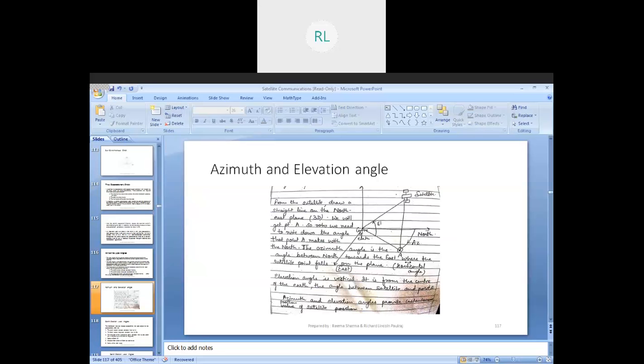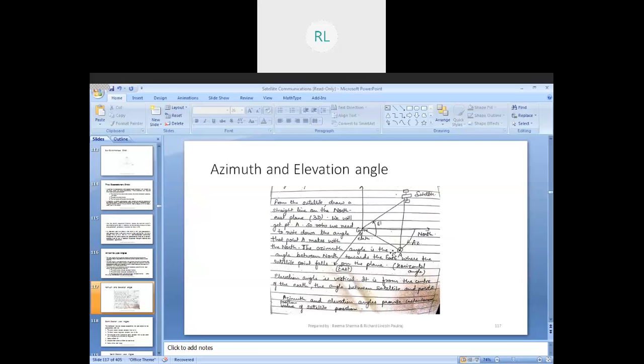The azimuth angle is the angle between the north towards the east where the satellite point falls on the plane. When the satellite point falls exactly on the northeastern plane, we should draw an imaginary line and then connect it to the center of the Earth. So we'll have 2 points here, point A and the center.